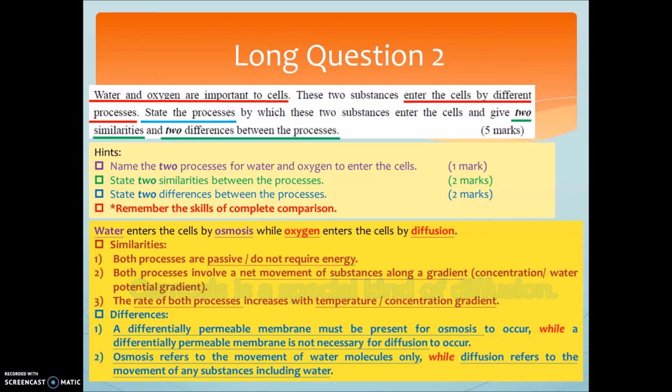Diffusion can happen for any substance once it is small, so that will be fine, such as oxygen, carbon dioxide, even water. But osmosis is a very special kind of movement. We only focus on water. So that's the difference between osmosis and diffusion.